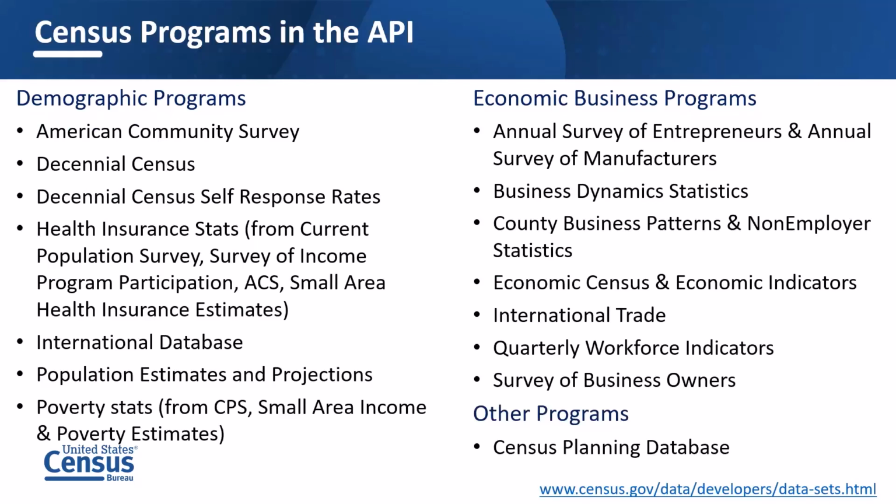And then we have any number of economic business programs, such as the annual survey of entrepreneurs, annual survey of manufacturers, business dynamic statistics, county business patterns, non-employer statistics. We have the economic census, international trade, quarterly workforce indicators, and the survey of business owners. We also have the census planning database in the API as well. So you can see there's any number of census programs, surveys in the API.